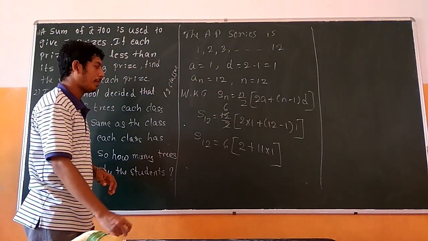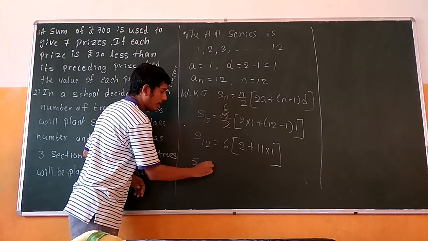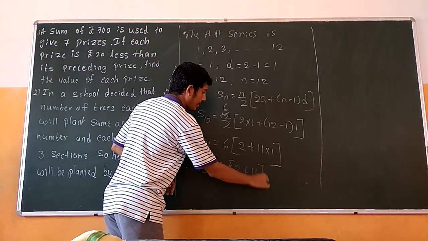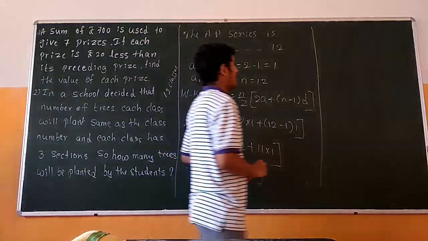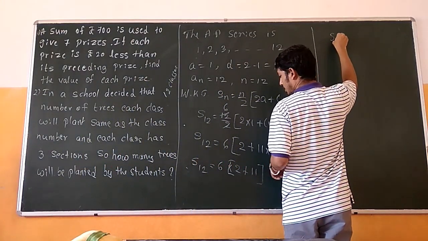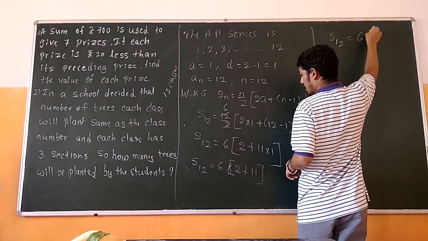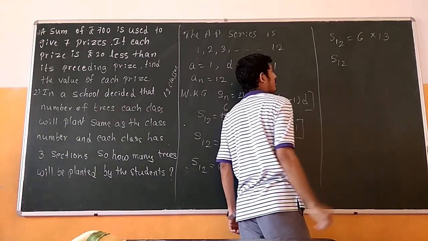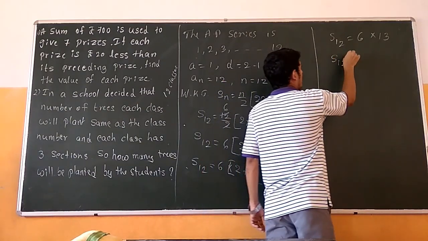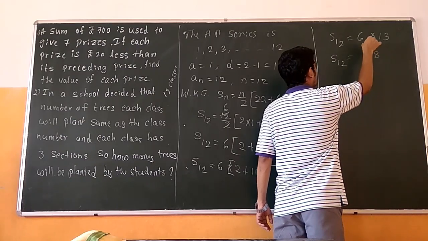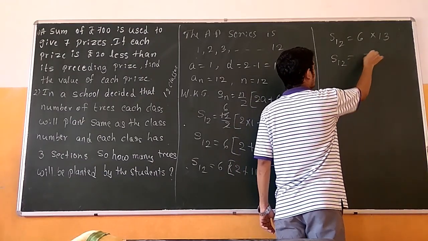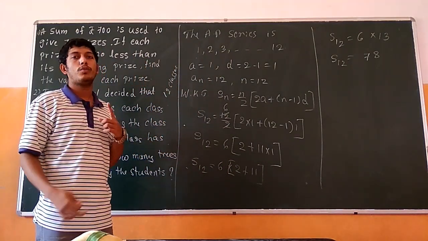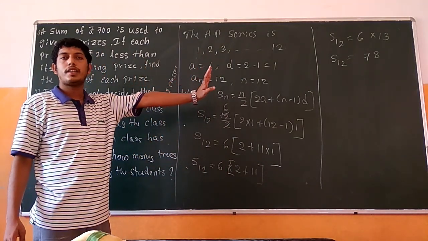Here I will use the BODMAS method. S12 is equal to 6 into 2 plus 11, so S12 equals 6 into 13. 6 threes are 18, 6 ones are 6, plus 1 is 7, so 78. So that means if we consider each class will plant only 1 tree per section, it becomes 78.